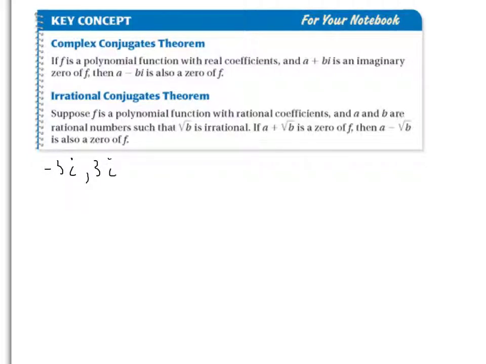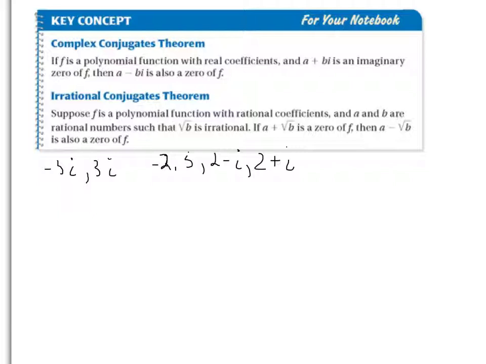Or if I said it had a zero of 2 minus i, then it also has the zero 2 plus i. Okay? So that's what that's saying.